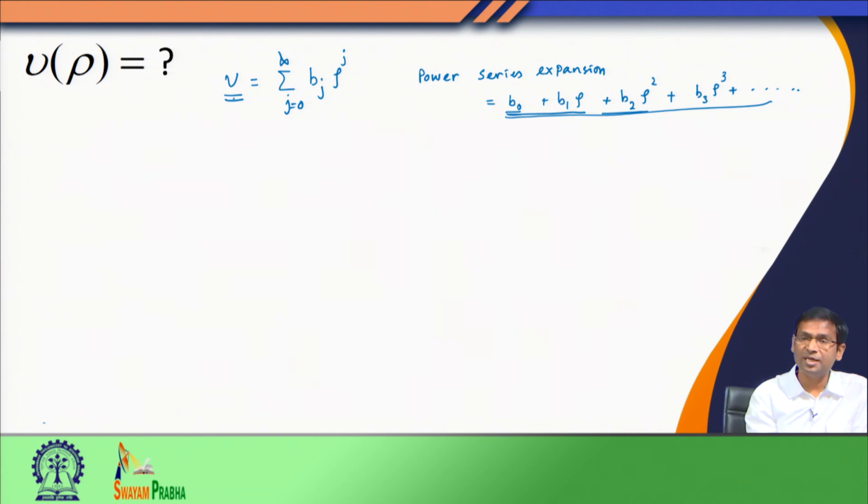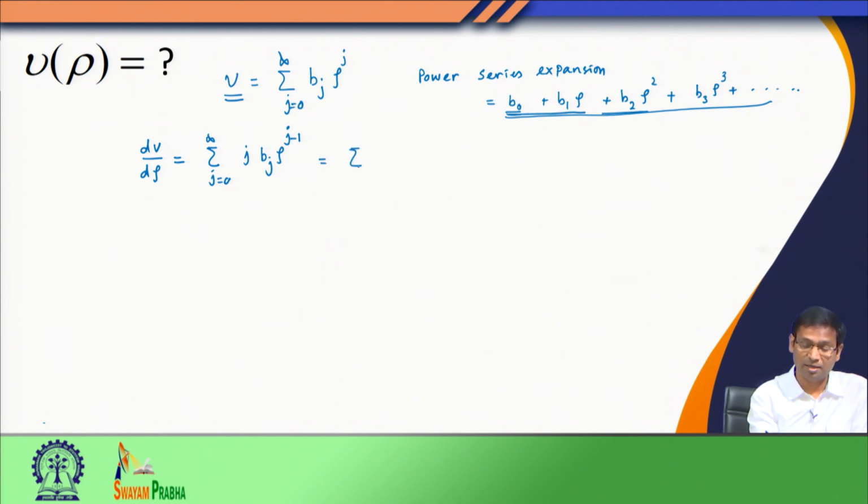So, if v is defined this way, I can write dv by d rho as the sum, j goes from 0 to infinity, of j b j rho to the power j minus 1, because I am differentiating this function with respect to rho.